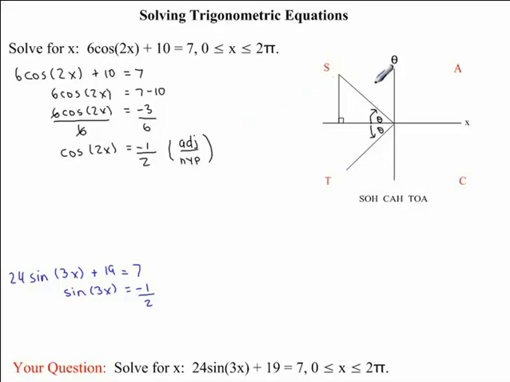Looking at our right angle triangle, cos of our angle would be adjacent, which is this side, over hypotenuse, which is this side. We know our adjacent is equal to 1. I'm going to ignore this negative. And our hypotenuse is equal to 2.